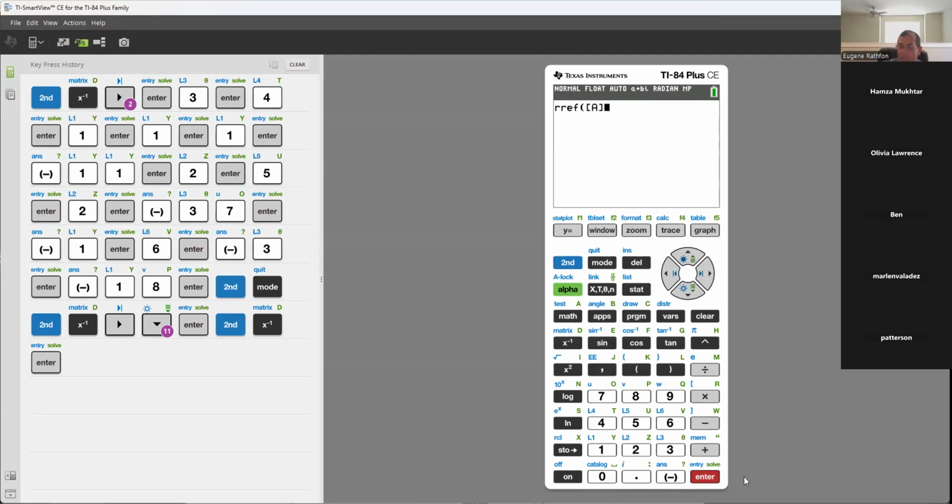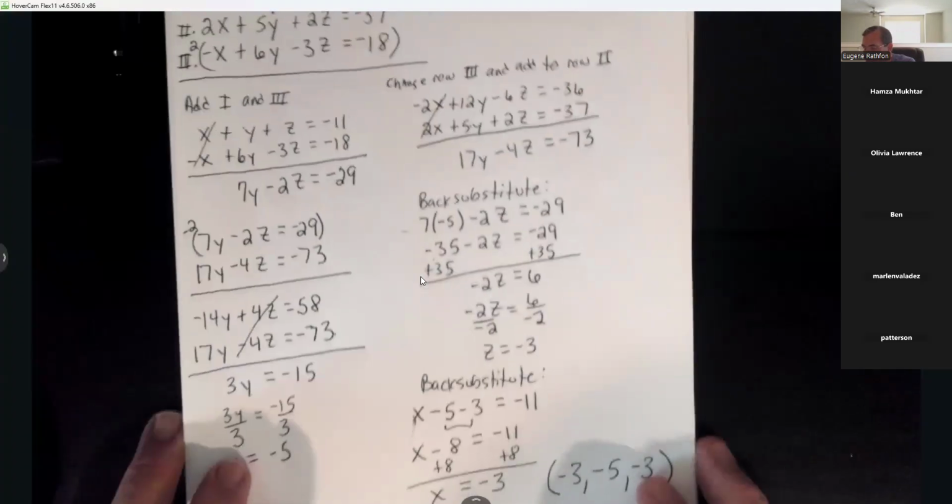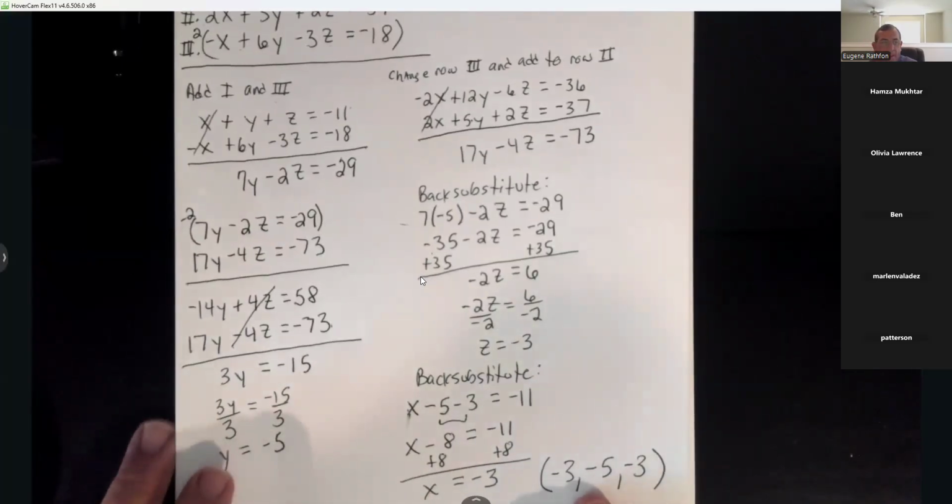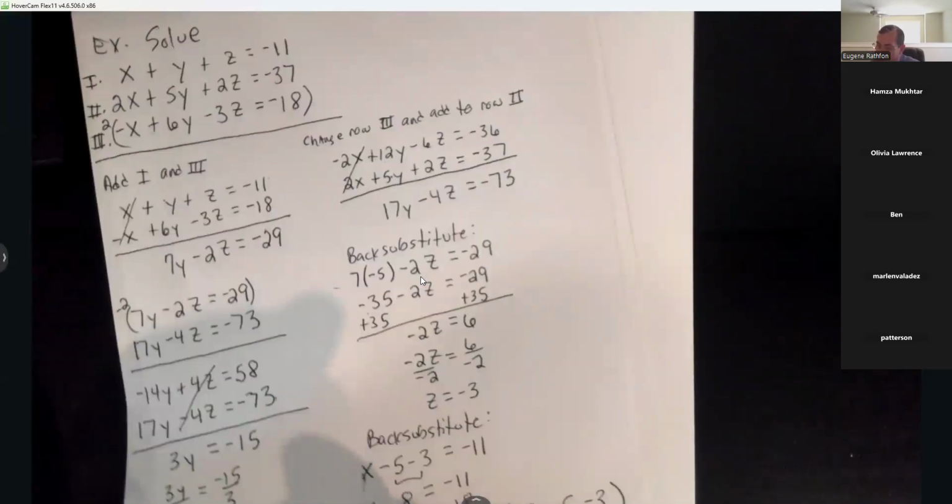All right, y'all, so remember, see what we get on the right side? It's going to be the right column in alphabetical order. And y'all look at that. Negative 3 for the X, negative 5 for the Y, negative 3 for the Z. So y'all, it don't matter by hand or by calculator. You will get that answer there, okay?